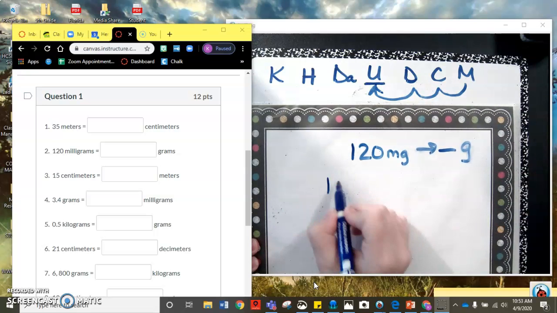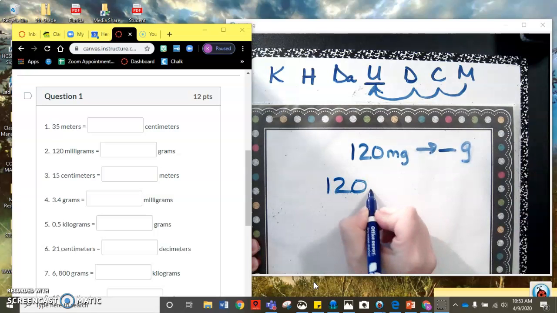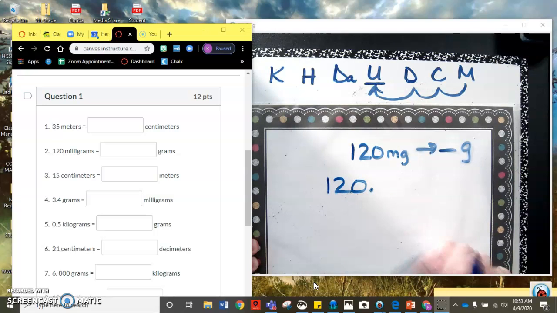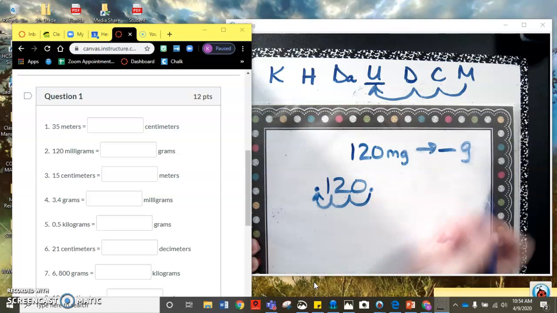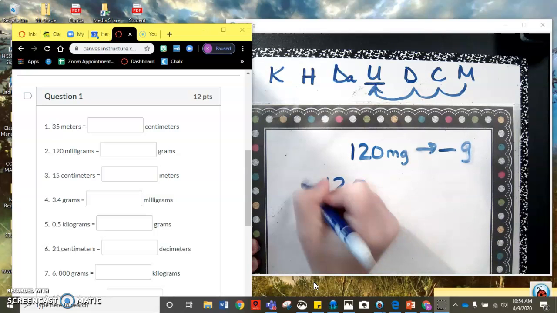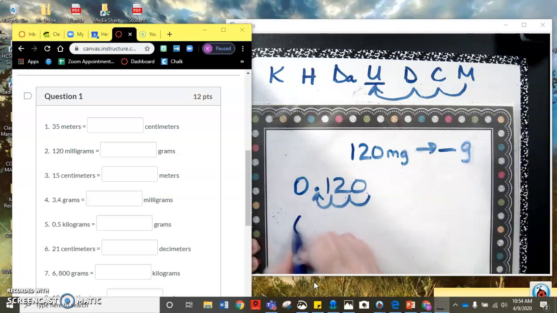So here's my number of 120. Again, here's my decimal point at the end, and we're going to move 1, 2, 3 spots to the left. So now our new number is 120 thousandths. That is how many grams are equal to 120 milligrams.